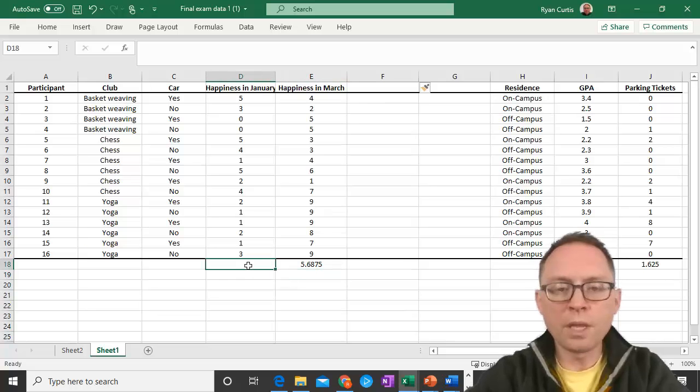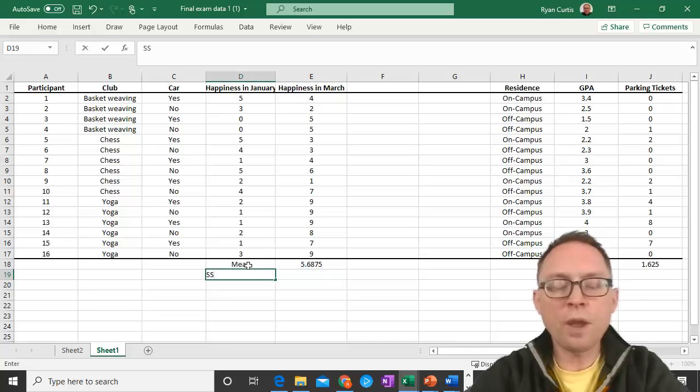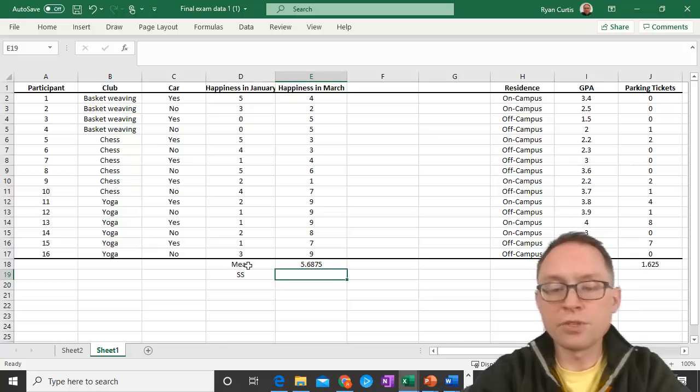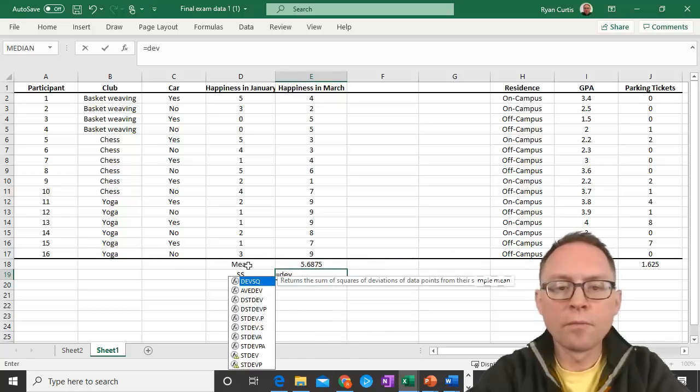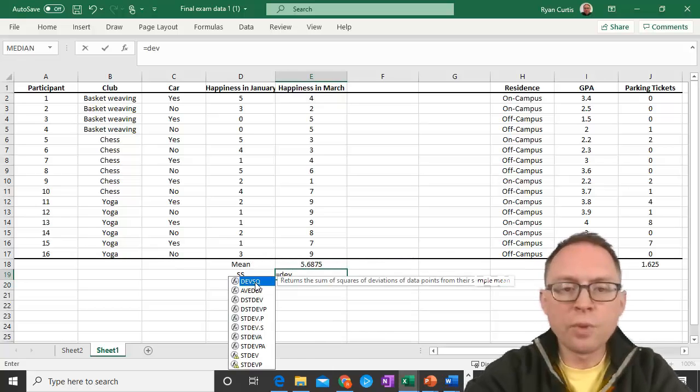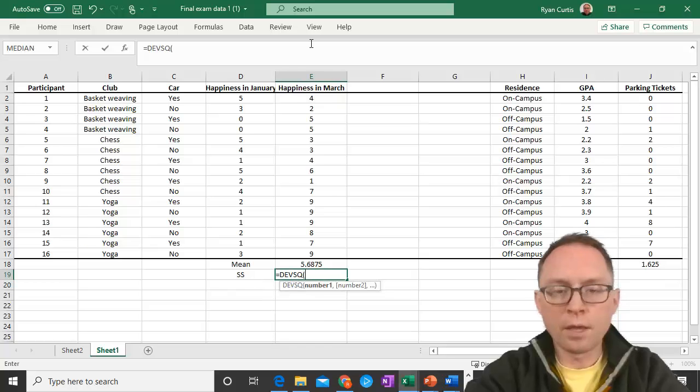So the mean, if you remember, was 5.68 or 69, right? And then the sum of squares needs to be the sum of the deviations squared. So the deviation square function will give that, which is DEVSQ in Excel.